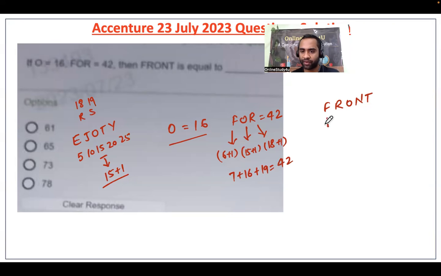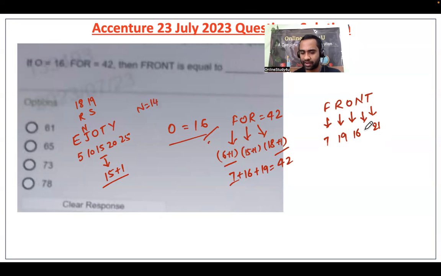Okay. Now, so F we have already got, my dear friends, 7. R we have already got, it is 18 plus 1, 19. O we have already got, it is 16. Now T is 20, so 20 plus 1, 21. And then N. So O is 15, so N will be nothing but 14.